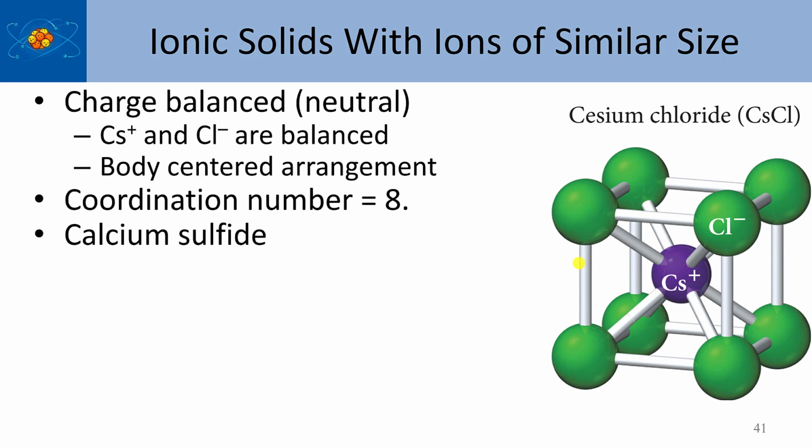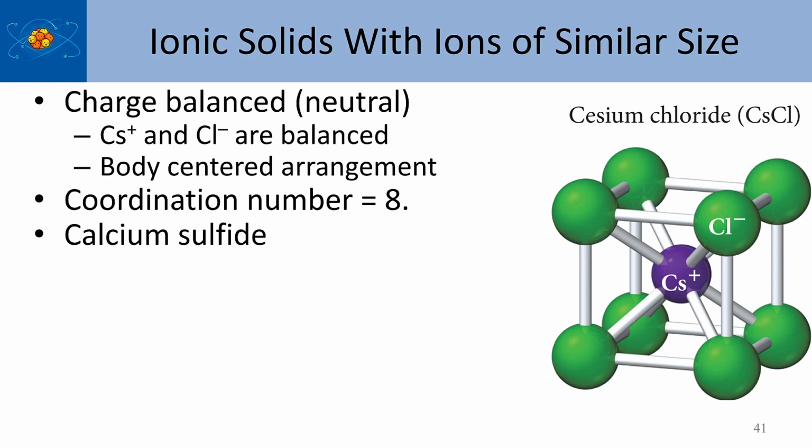You have to have one of each. The other thing that we do to help us understand the different kinds of structures is we look at the relative size of the ions. So in cesium chloride, the cesium ion and the chloride ion have similar size, and what they take is a body centered arrangement.